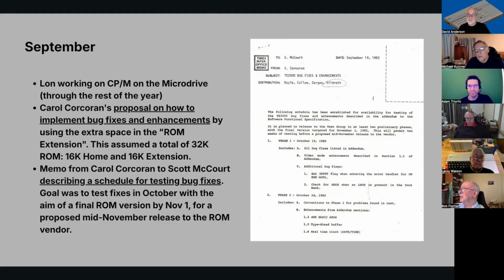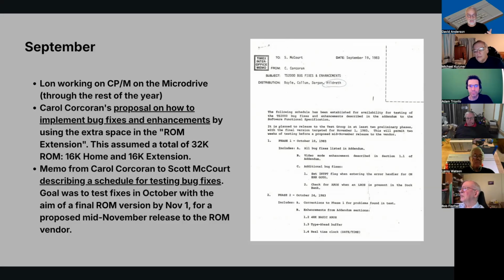What we did not know is that Timex's plan was for that to be 32K. They had moved a bunch of stuff in order to put in the bank switching code and other things. They moved stuff from the home ROM to this extension ROM, and it turned out to be just under 8K worth of stuff, but their plan was to eventually fill that up with more features.